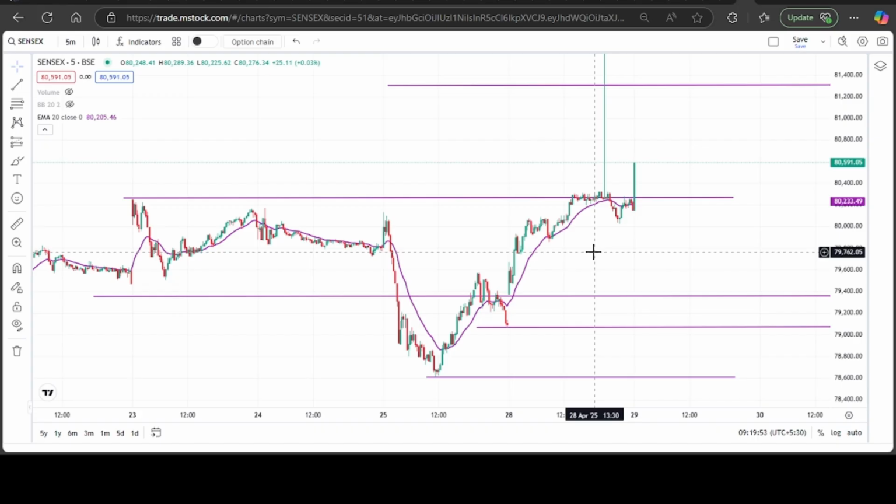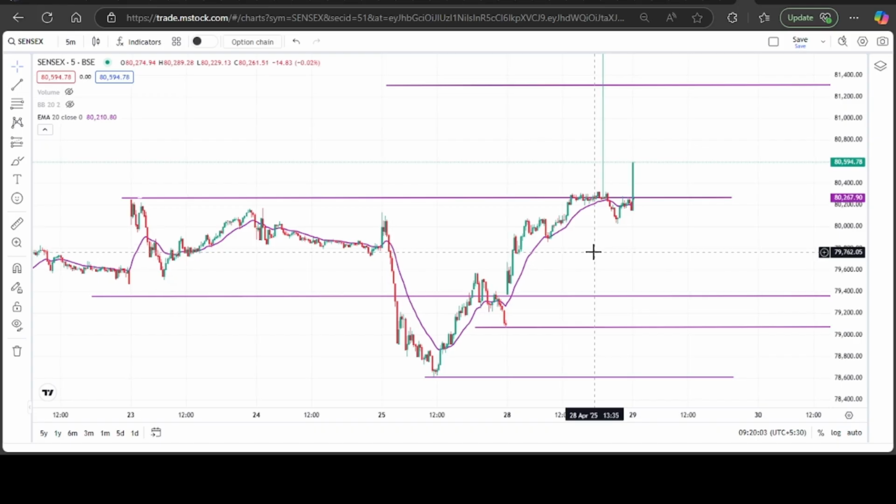The second point is, as I told you, that Sensex moves in big swings, and those big swings can also hamper your trades, whether your strike price goes into negative or positive.